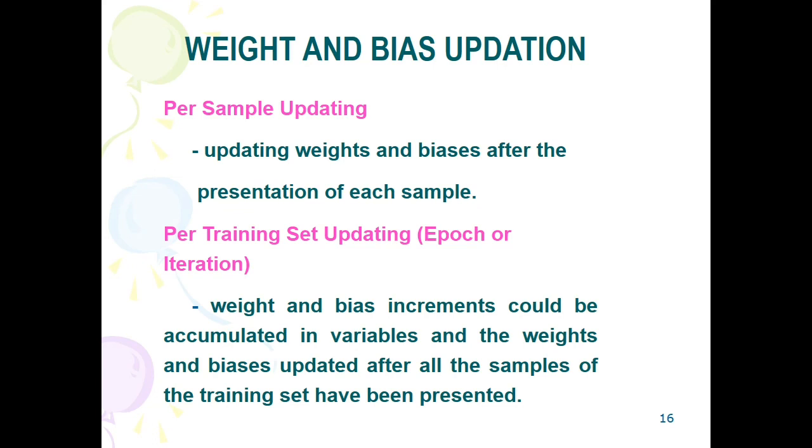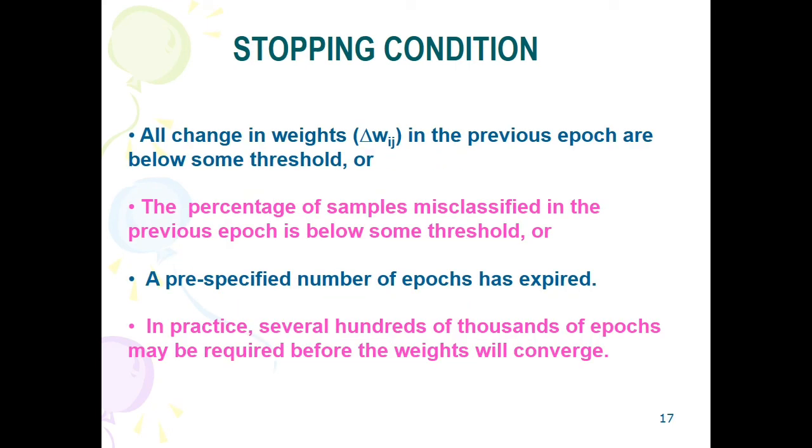This function is written with the help of the activation function, and the output depends upon the number of inputs and the weight vectors. The bias is the added value. The stopping condition is when the change in weights in the previous approach is below some threshold value.